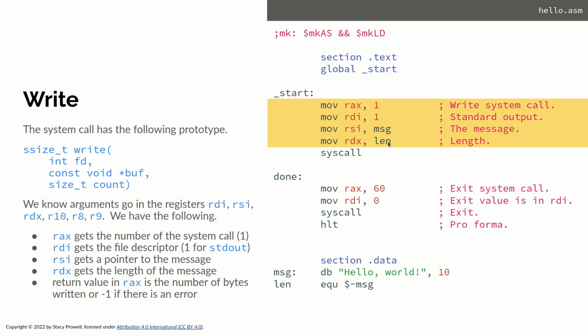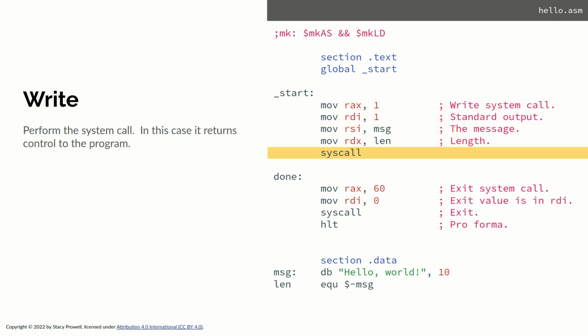You could almost think of this length here, which is an assembly-time constant, as just a macro. It's going to be whatever the assembler worked out the length of the string to be. So once they're in RDI, RSI, and RDX, we can then do a system call, and that will write out the message. There you have it. There's my system call.